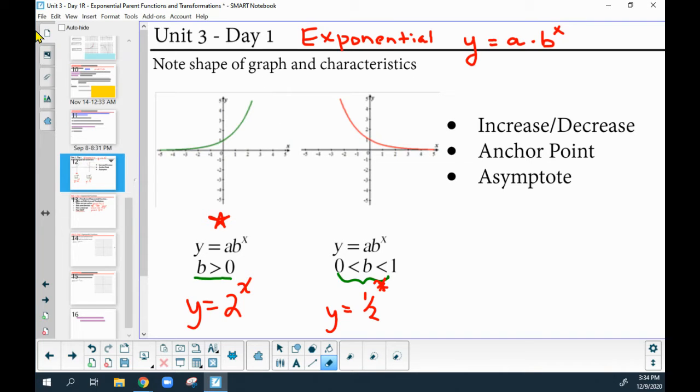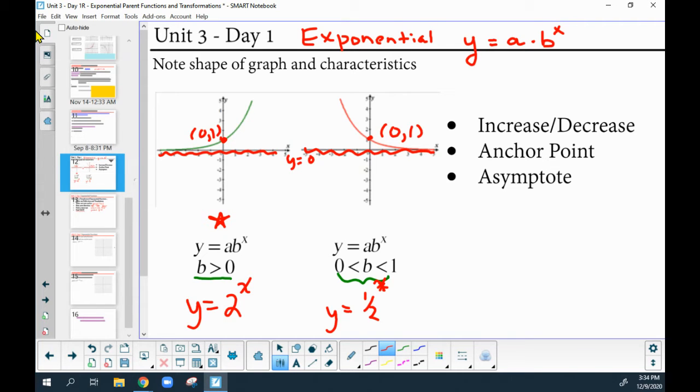So their end behavior is opposite of each other. So keep that parent function in mind, where in both cases you understand that (0, 1) is your anchor point, your y-intercept, and that both of them have horizontal asymptotes at y equals 0.